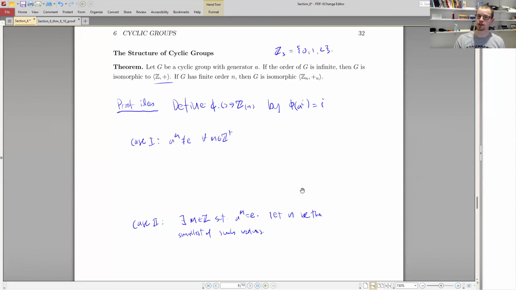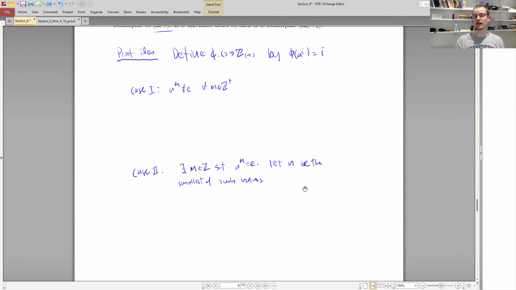When we use that, we're going to apply the division algorithm, identifying quotient and remainder. What that will do for us is that a to the big number is equal to a to the r, whatever that remainder is. Because a to the m can be written as a to the nq plus r by the division algorithm.